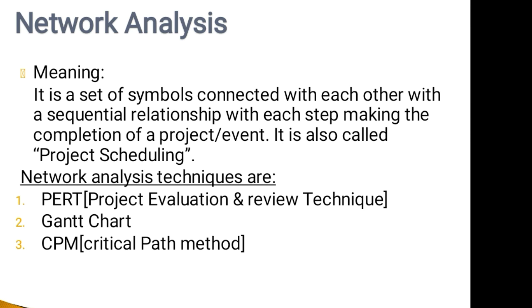By reducing the time and the cost, it will also reduce the wastage of resources. Next one, minimize production delay. Slack time or delay can be reduced with the help of proper planning of different activities with the sequential relationship by using network analysis.